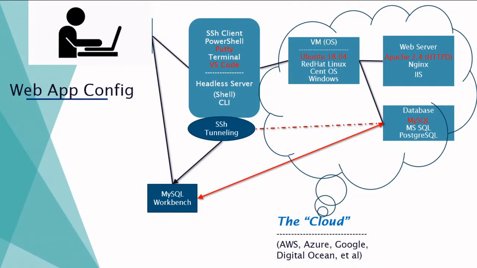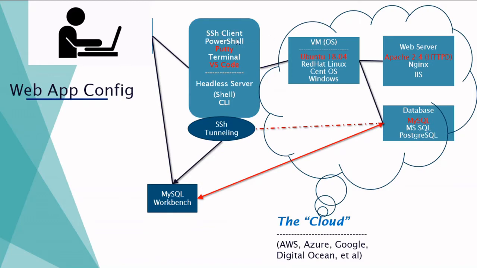Okay, so I created this architectural diagram in order to help you visualize exactly what is happening in your basic web app. So this is you or me or anybody sitting at their home computer, and we are going to SSH into our VM or OS.